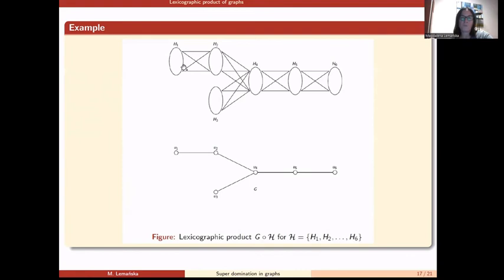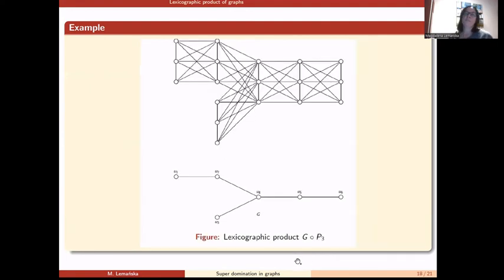And this is the idea of creating a lexicographic product of a graph G and the family H. Of course, it is possible that all graphs of this family are the same. Here we have this case. If every graph in the family H is, for example, P3, then we have a lexicographic product of G and P3. And here is a picture of this graph.